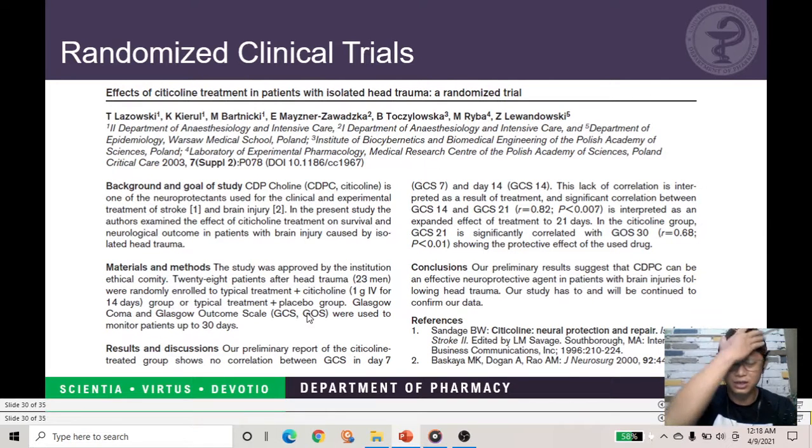So this is not in years, this is just a short randomized trial, and their results suggest that CDPC, citicoline, can be an effective neuroprotective agent in patients with brain injuries following head trauma. I think they suggest longer studies to obtain more evidence about this association.